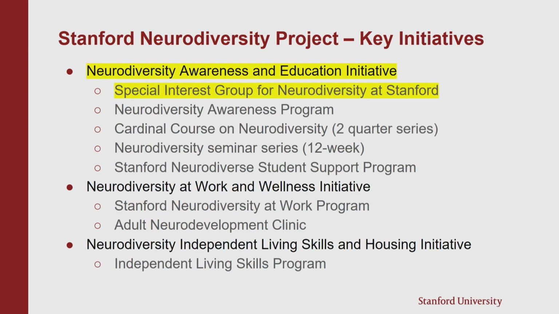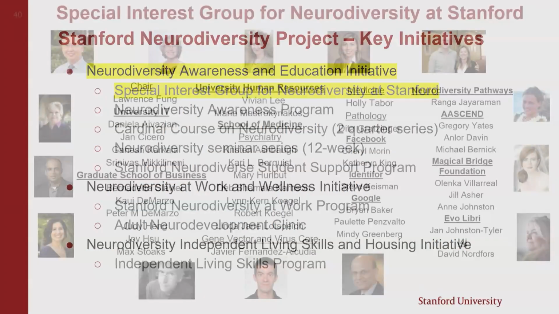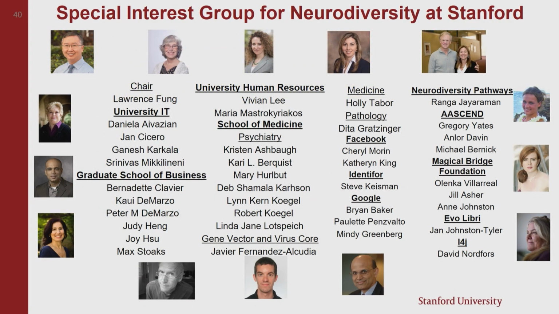So this overall effort was actually started from this special interest group for neurodiversity just about a year and a half ago. Initially, we had about 20 staff and faculty members at Stanford wanting to develop something that can help with hiring individuals on the spectrum.